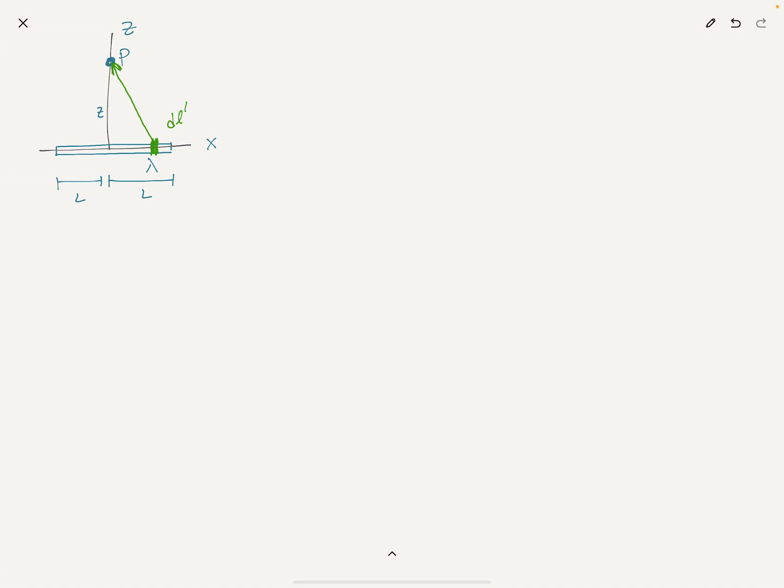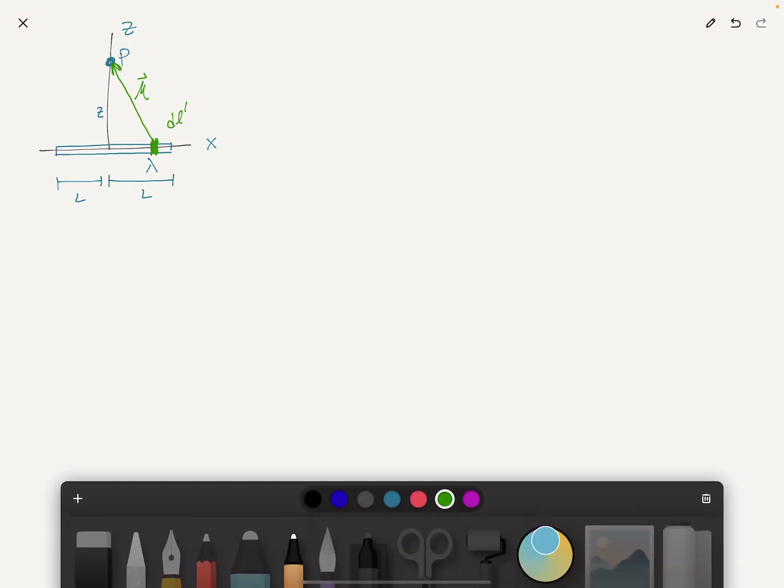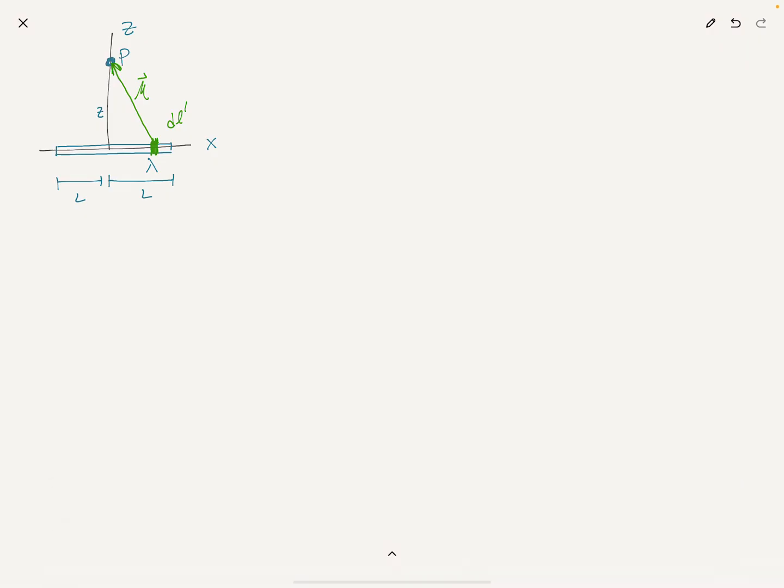Okay, so this is my script R vector, meaning that this vector right here in red, since it points from the origin to dl prime, or to my patch, that is R prime. And this vector that points from my origin up to point P is vector R. Okay.